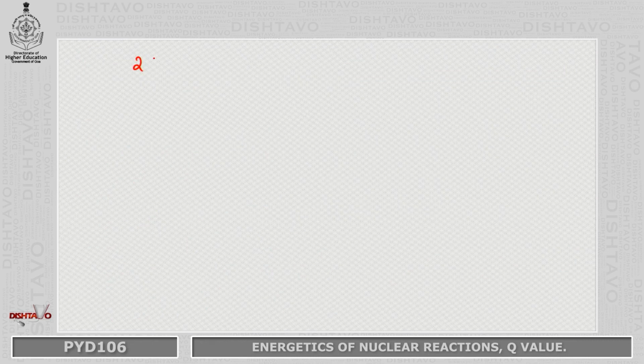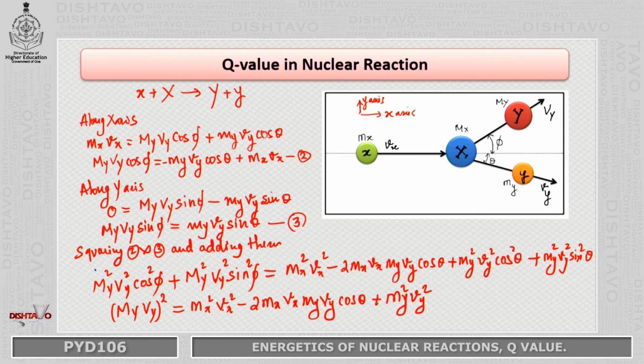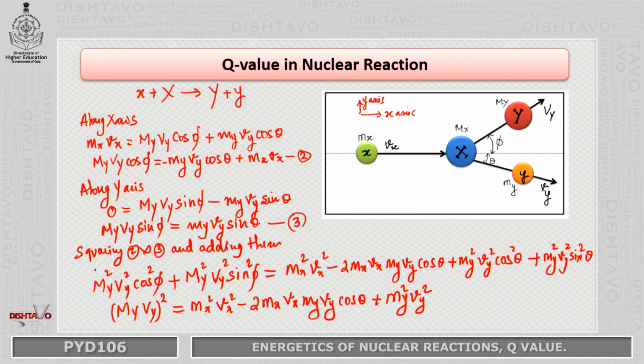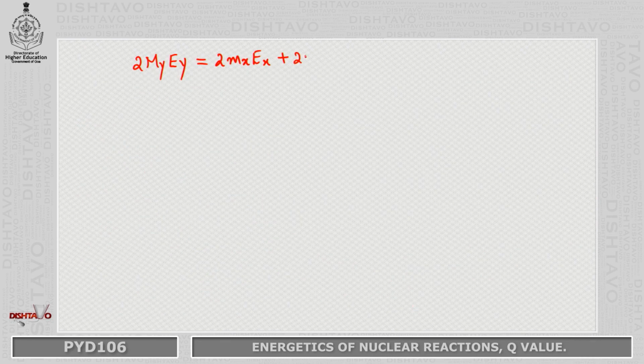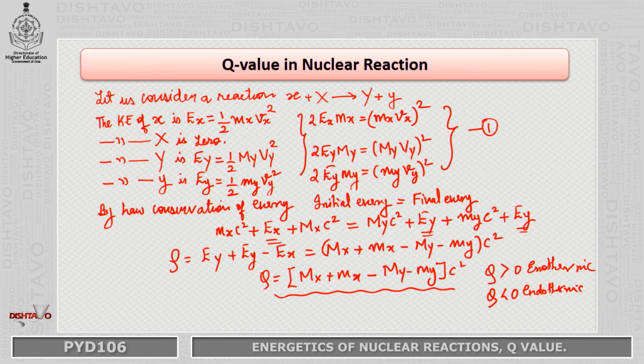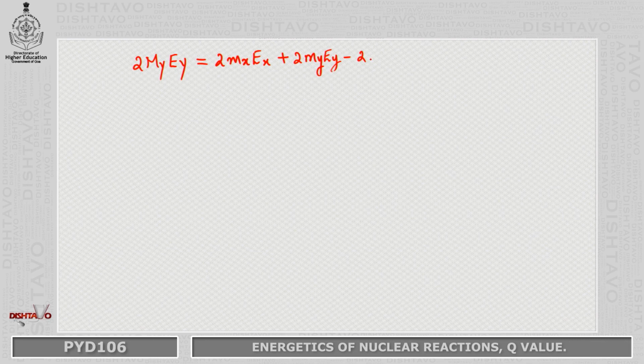So here it will be 2 My Ey will be equal to 2 mx Ex plus, I am taking this term now, 2 my Ey, minus 2 times, now this term using this equation 1, we can write it as square root of mx Ex my Ey cos of theta.